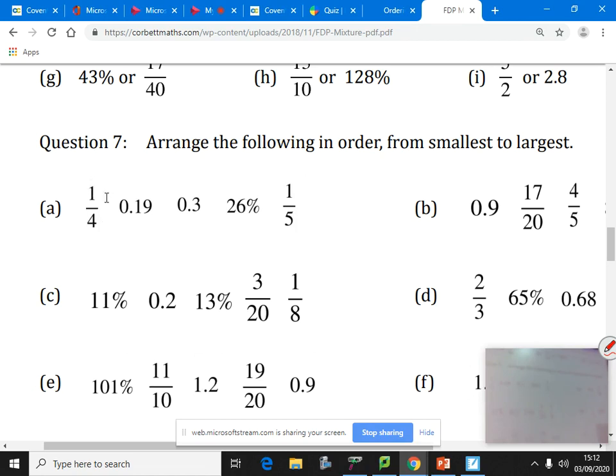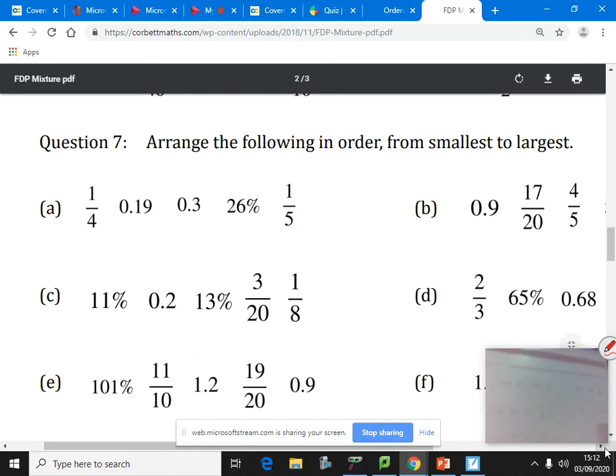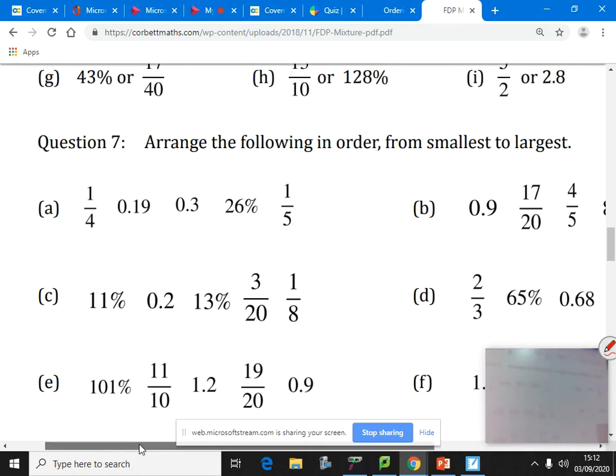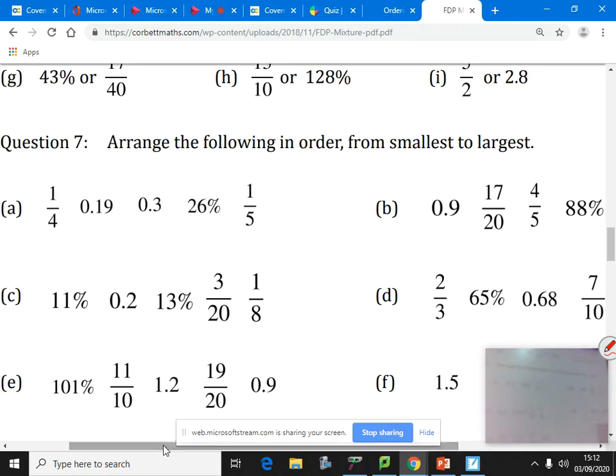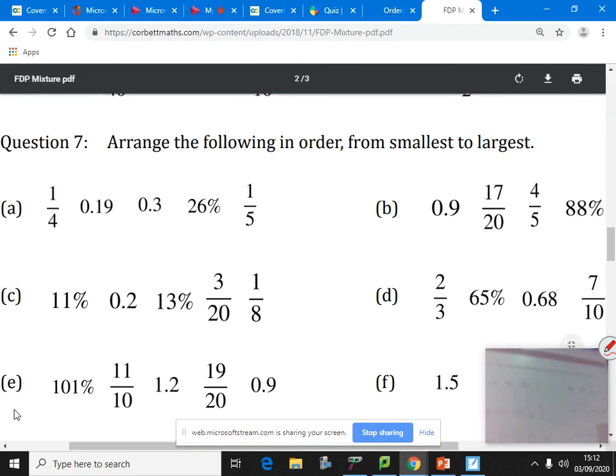So I change this to a percentage. We know how to change this to a percentage, this to a percentage, and this to a percentage. And then we are sorted. Okay, so let's just move this over a tiny bit for you so you can see all of them. There we go. A, B, C, D, and E.